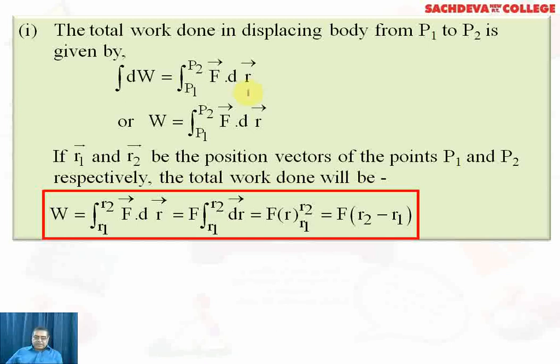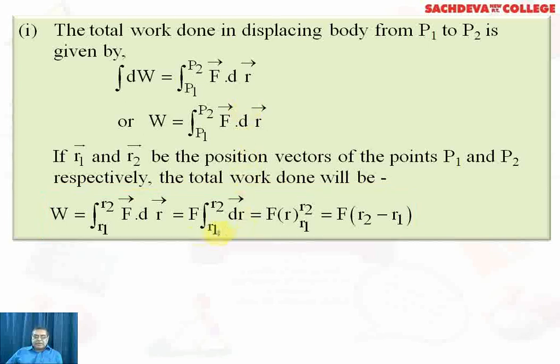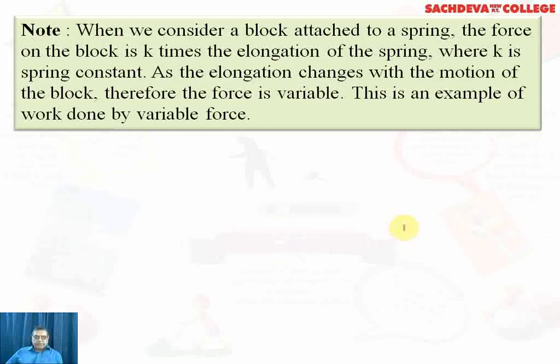Now F is taken out as a constant before the integration sign, and then we integrate 1 dr, which is found to be R. Then we put the limits R1 and R2, and the final function becomes F into (R2 minus R1). So after integrating, the total work done will be F(R2 − R1).